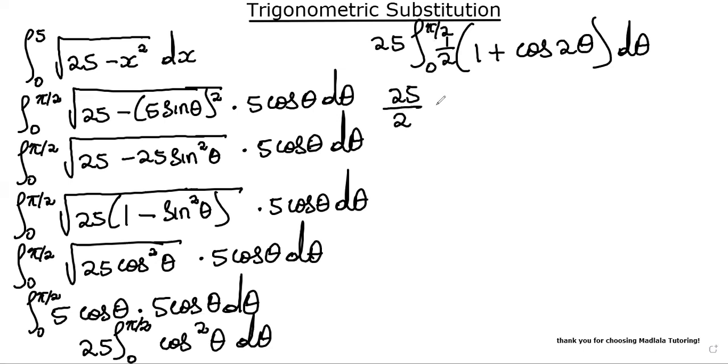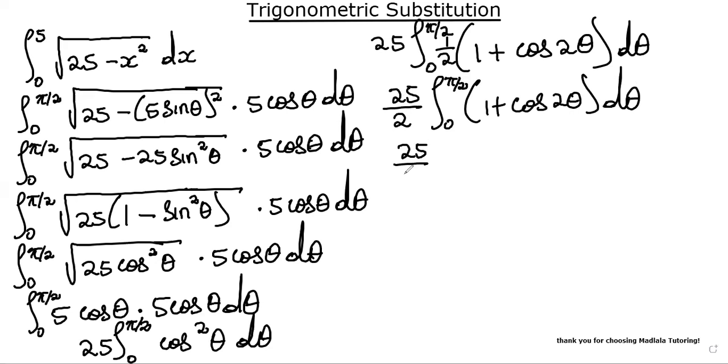And so we get 25 over 2 times the integral of 1 plus cos 2 theta, which is evaluated from 0 to pi over 2. Then the antiderivative of 1 is just going to be theta. The antiderivative of cos 2 theta, well, it's a composite function.